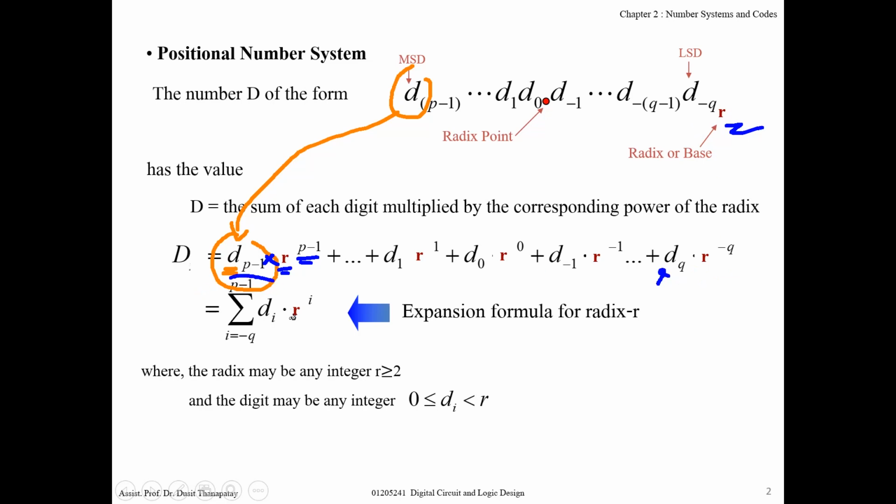So we obtain the final result as the value in base 10, the decimal value.